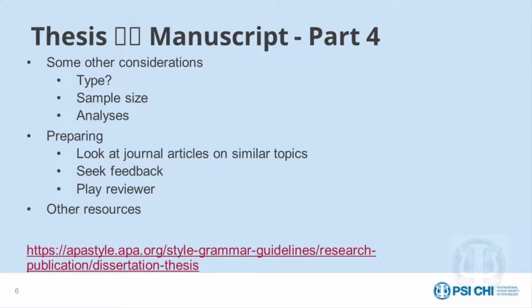The first thing that I tend to do is look at journal articles on similar topics or that are in your field of study. And I really try to focus on the structure and focus of those articles and take a look at the formatting, because this does a few things. One, it can inspire my flow, so I know what the hot topics are in this particular area that I'm interested in.